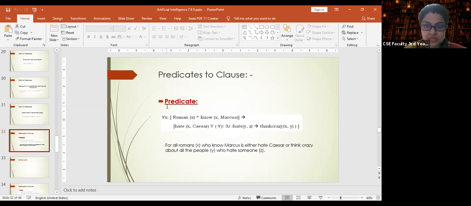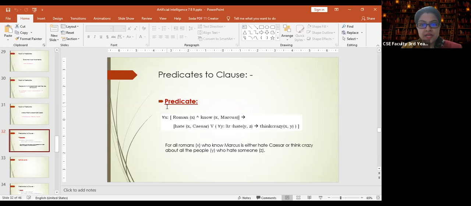Basically, clauses are used in Prolog programming. So we first need to find out the rules of converting from fact to predicate, then predicate to clause. Without this conversion, we cannot relate a Prolog program with a real life problem. Okay, so let us start.